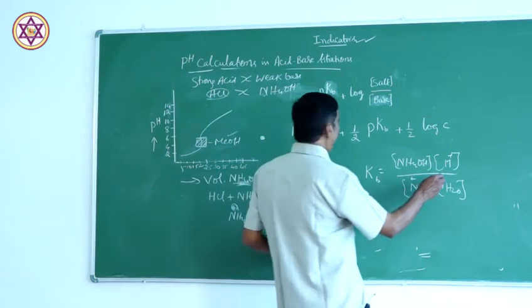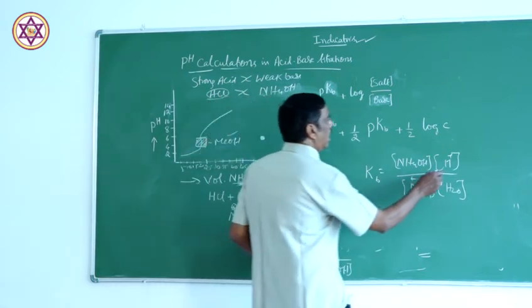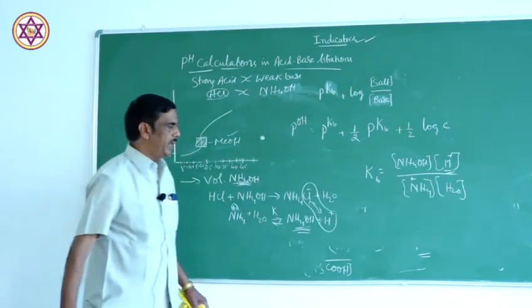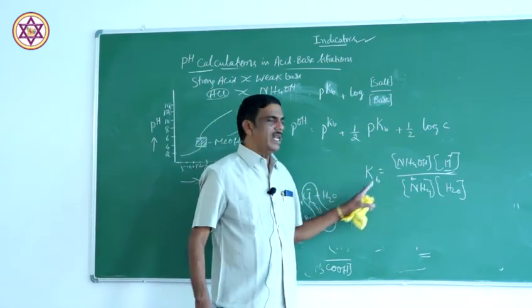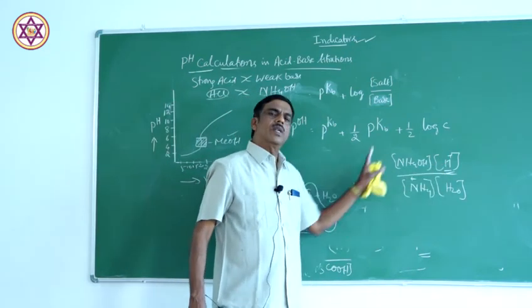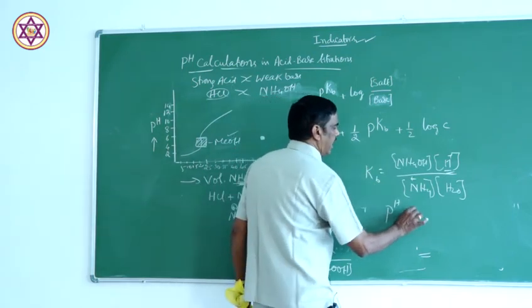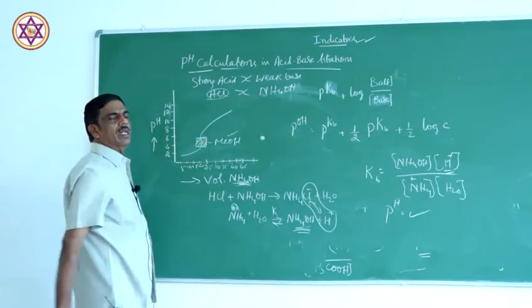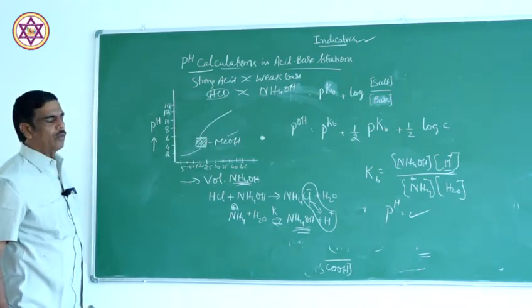Therefore, we can calculate the pH of this titration. For pH calculation, you can take negative logarithm to the base 10 on both sides, and convert that into pH. Therefore, pH can be calculated as shown earlier. So the pH of this neutralization solution can be calculated, and it will be between 4 and 6.